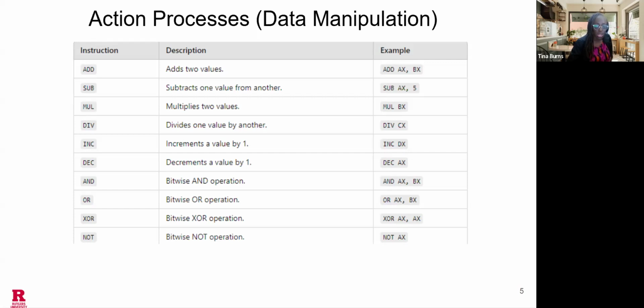Although this one line just says add AX, BX, what's actually happening is that it's getting information from both of these registers, then adding them, and then storing that added value into this register AX. So that's three different processes handled in this one command.